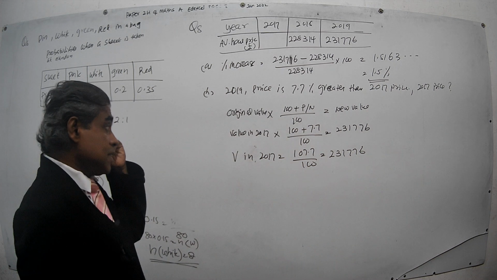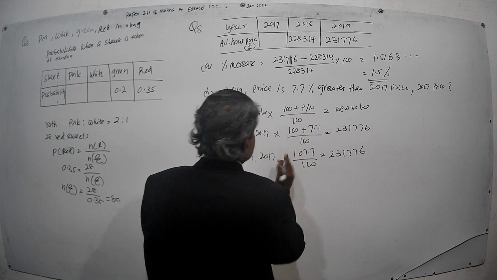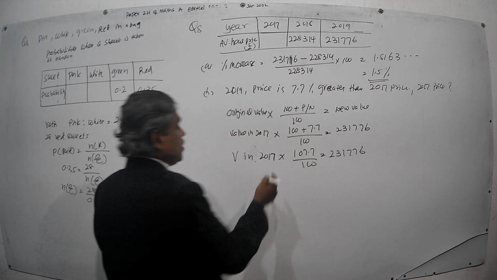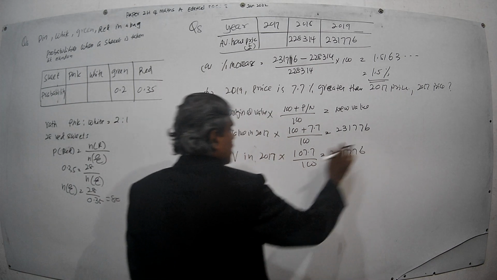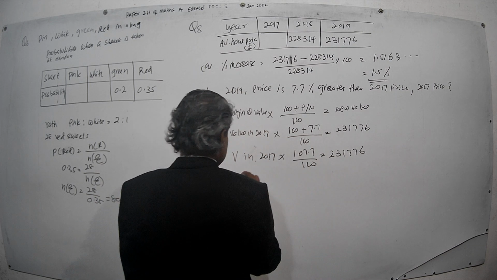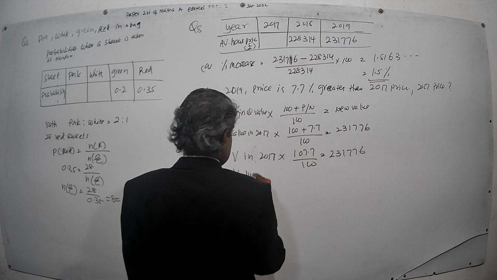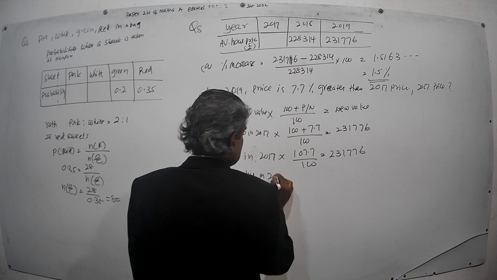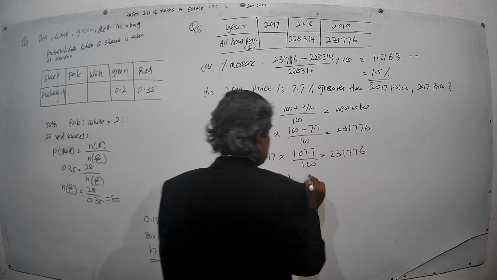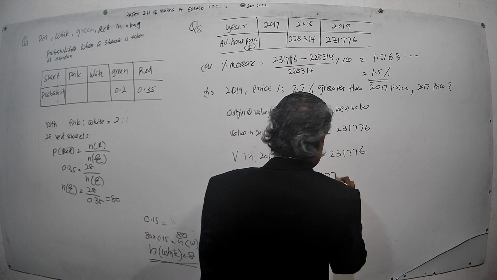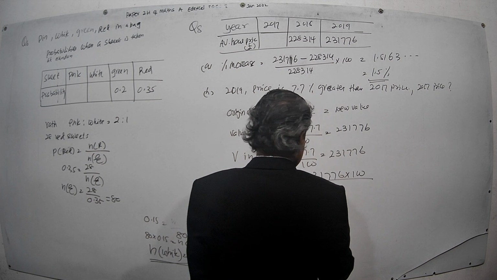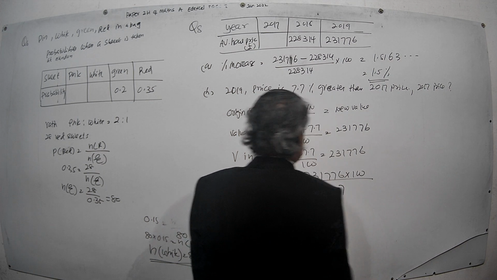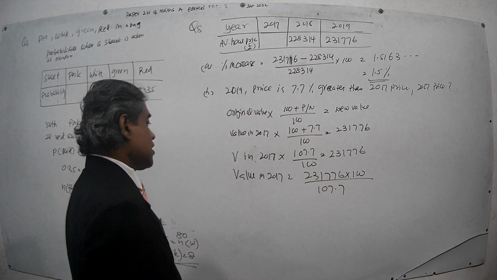Now you make the value in 2017 the subject: take this to this side and divide. Then value in 2017 equals 231,776 times 100 over 107.7. Now use the calculator.